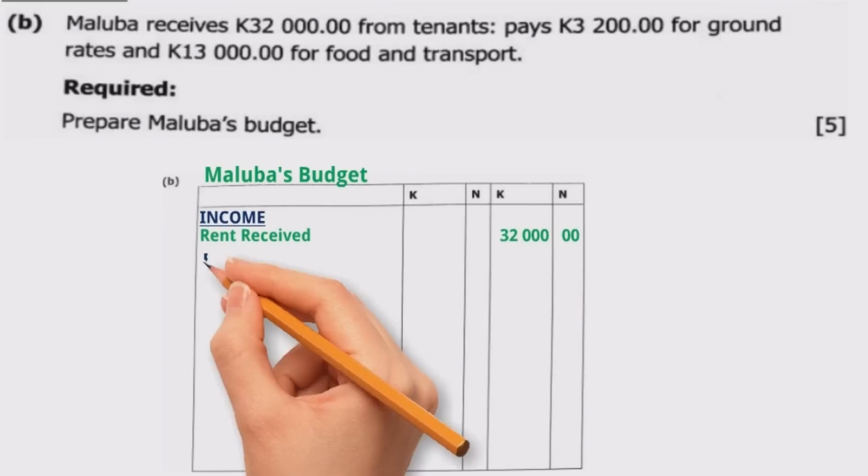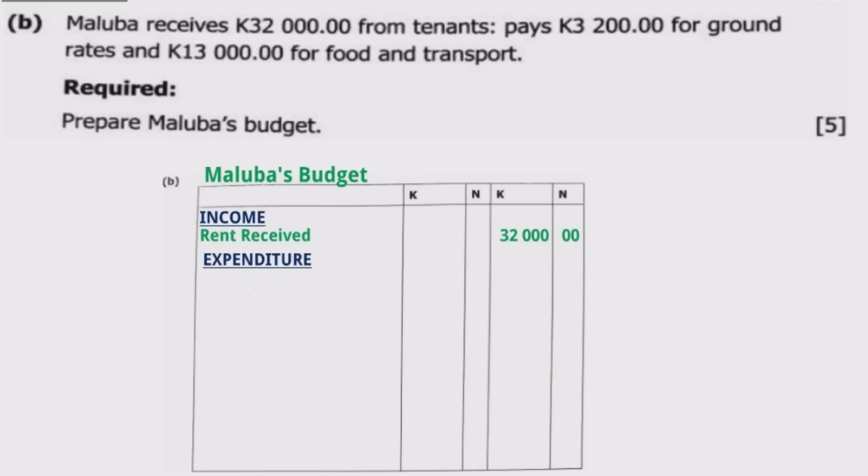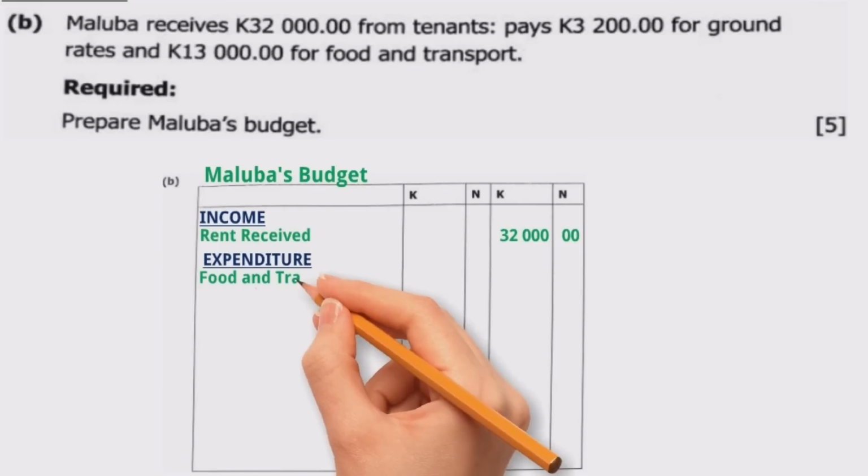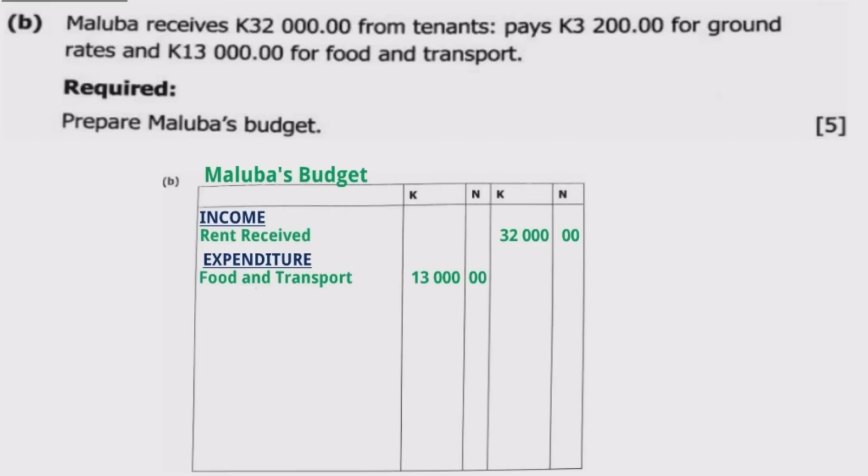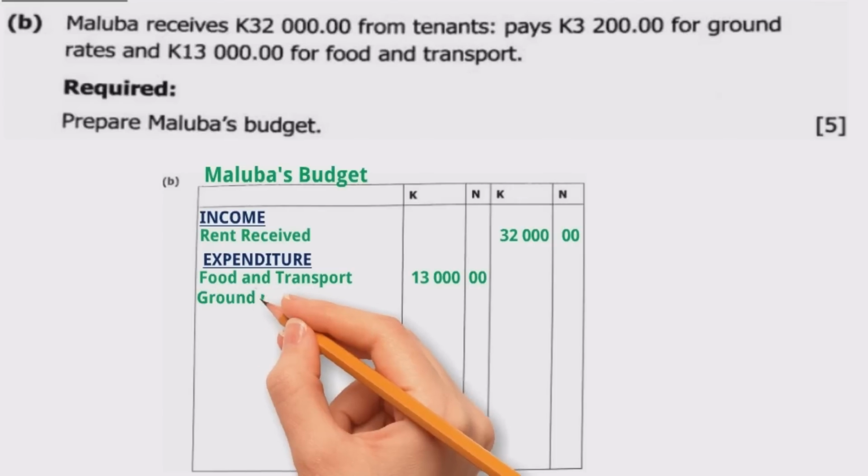We record it there. Then we come to expenditures. When he received 32,000, what did Maluva use the money for? So we write expenditures. First, he spent 13,000 kwacha on food and transport. Then Maluva also paid the ground rates, which is 3,200 kwacha.